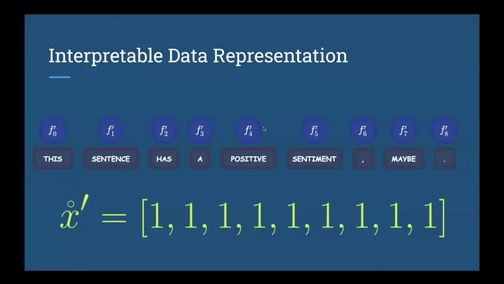So the first step to build a surrogate is to build our interpretable data representation. In the case of text, we tokenize our sentence.